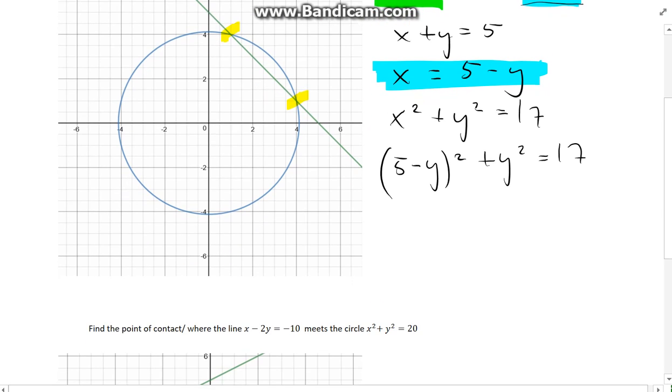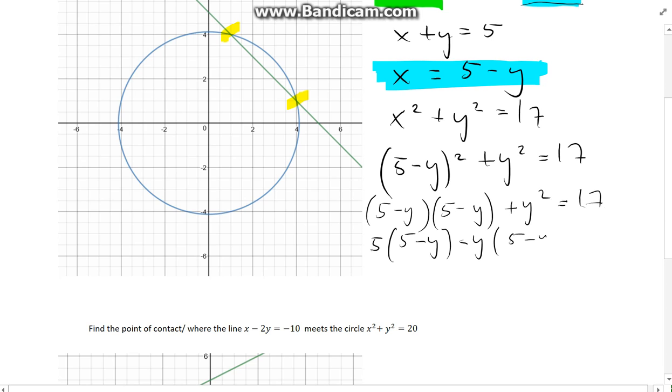So 5 minus y all squared is the same as 5 minus y on 5 minus y. Not to forget that, don't just say it's 25 minus y squared, that would be wrong. You have to write it out twice, then split your brackets and work it out. So 5 on 5 minus y on 5 minus y plus y squared equals 17.